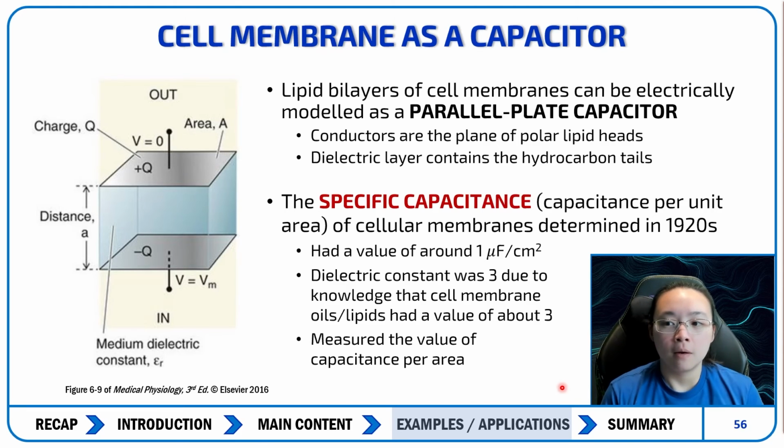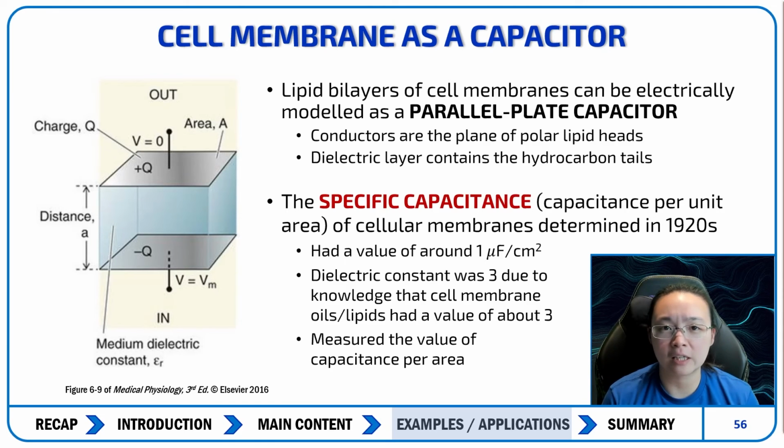So why is this useful at all? Sometimes it's used to estimate the thickness of a cell membrane using parallel plate relations for capacitance. But is it actually accurate? If you do the calculations, you'll find that the membrane will have a thickness of approximately 3 nanometers. But in reality, membranes are 6 to 8 nanometers thick with an average of 7.5 nanometers.